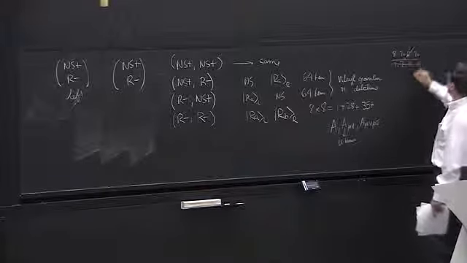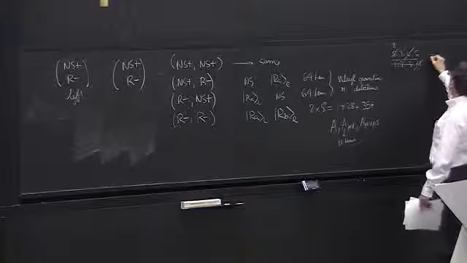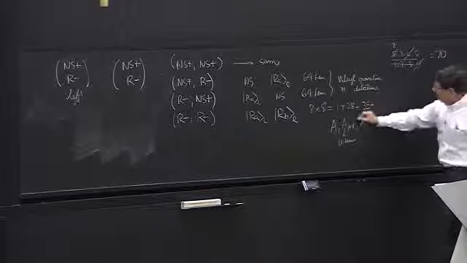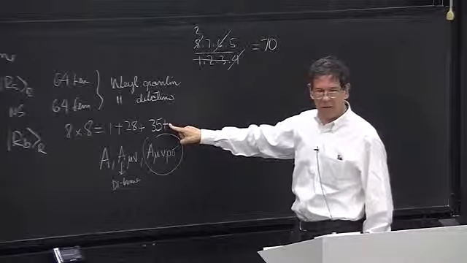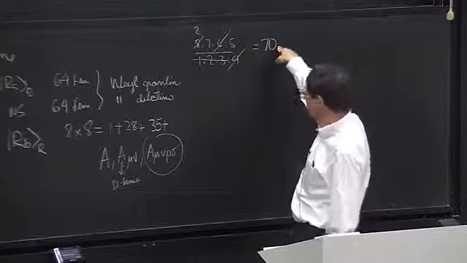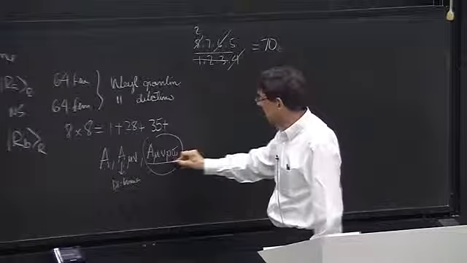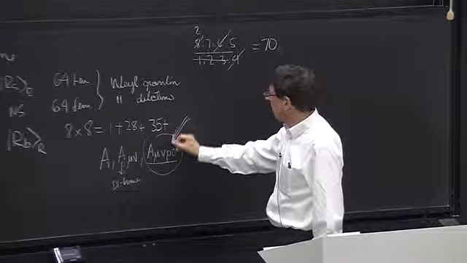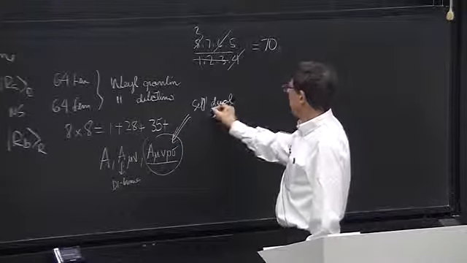This and this, 4 and 8 is 2. You get 70. But this field, this 35 plus, means there's some sort of duality condition that cuts the degrees of freedom of the 70 in half. So this is what is called a self-dual 4 form.